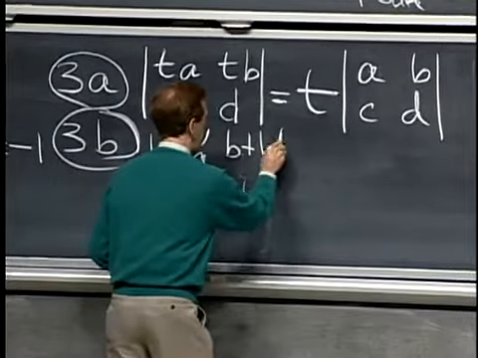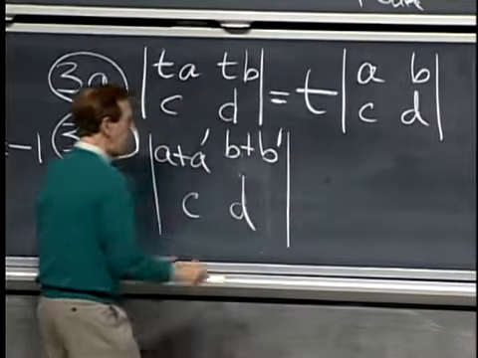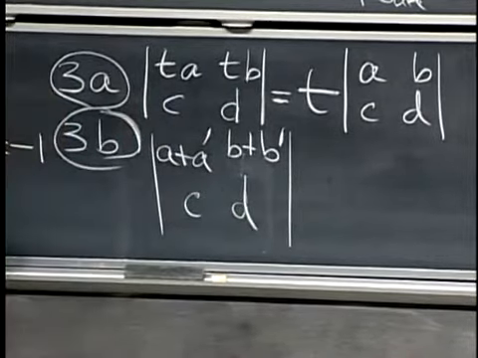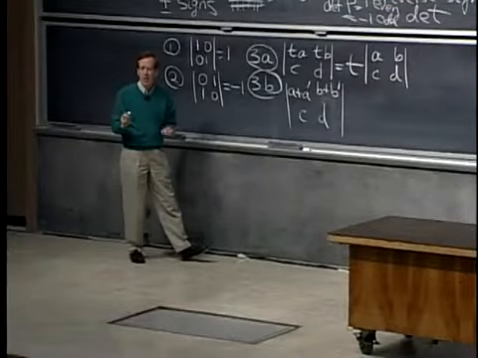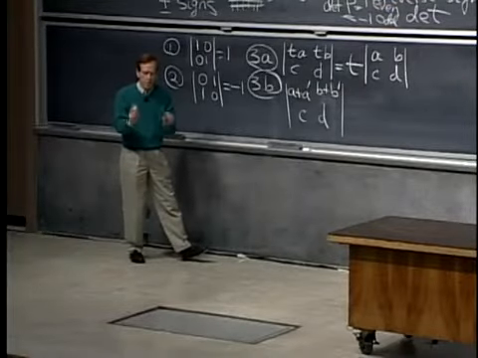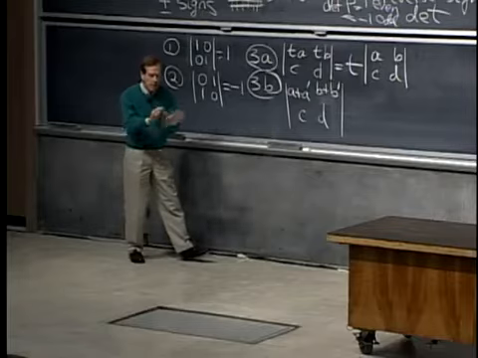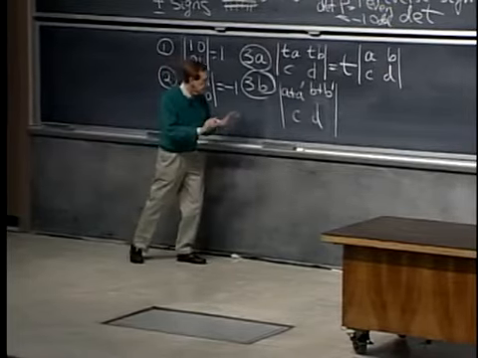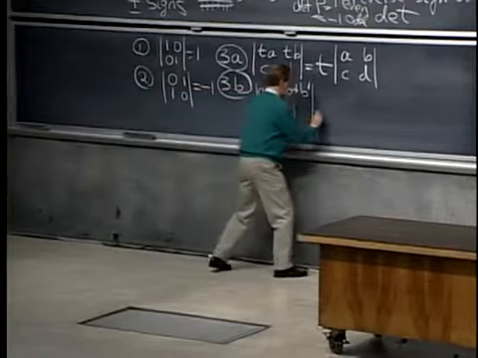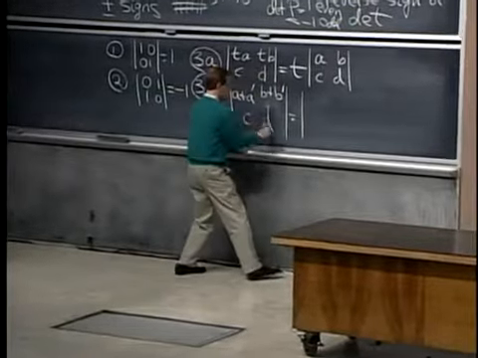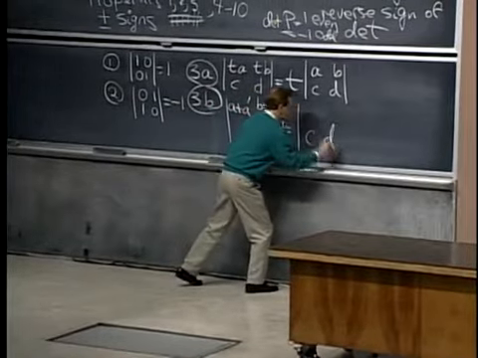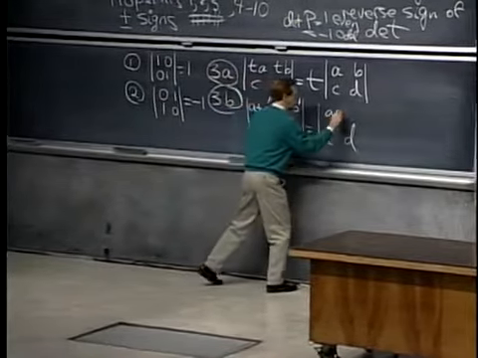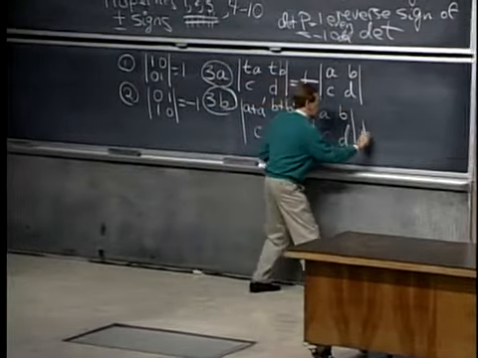B plus B prime there. Do you see what I'm doing? This property and this property are about linear combinations of the first row only, leaving the other rows unchanged. They'll copy along. Then I get the sum. This breaks up into the sum of this determinant and this one.